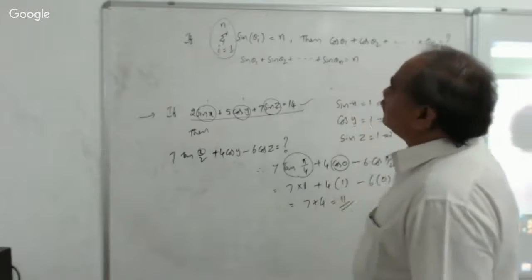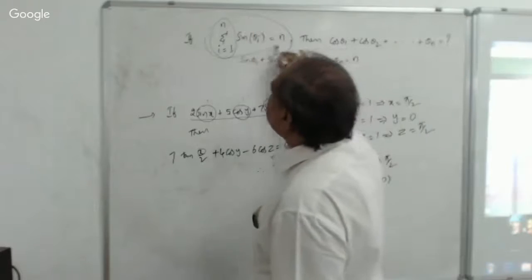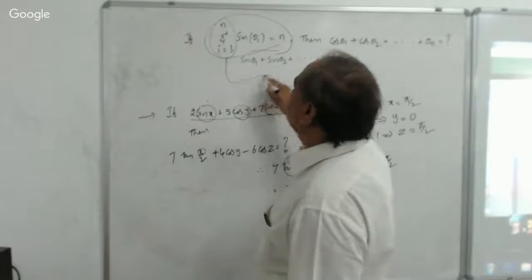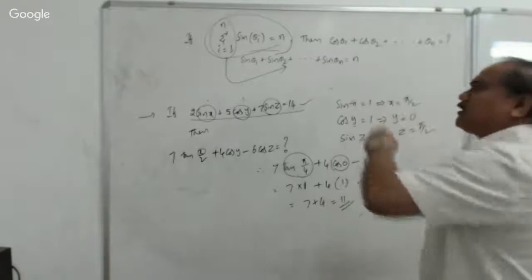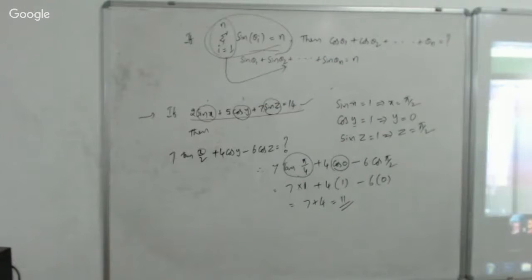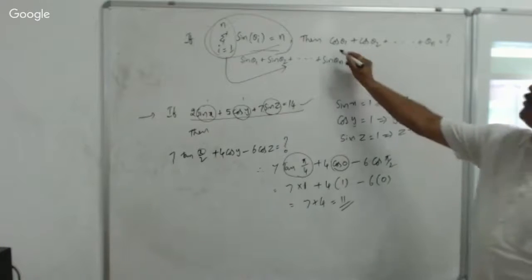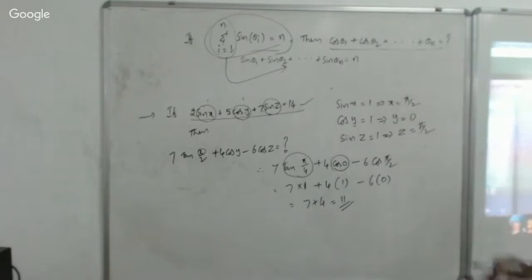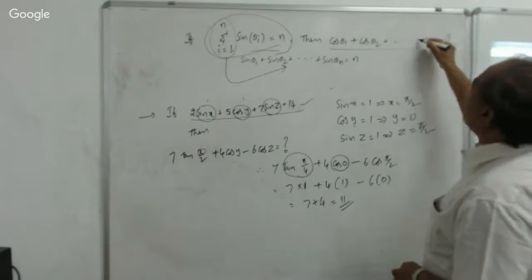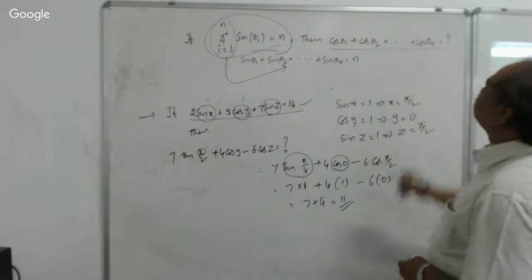This symbolic representation is nothing but sin theta 1 plus sin theta 2 plus sin theta 3 and so on up to sin theta n. Given that it is equal to n. Sorry, here also we have cos theta.